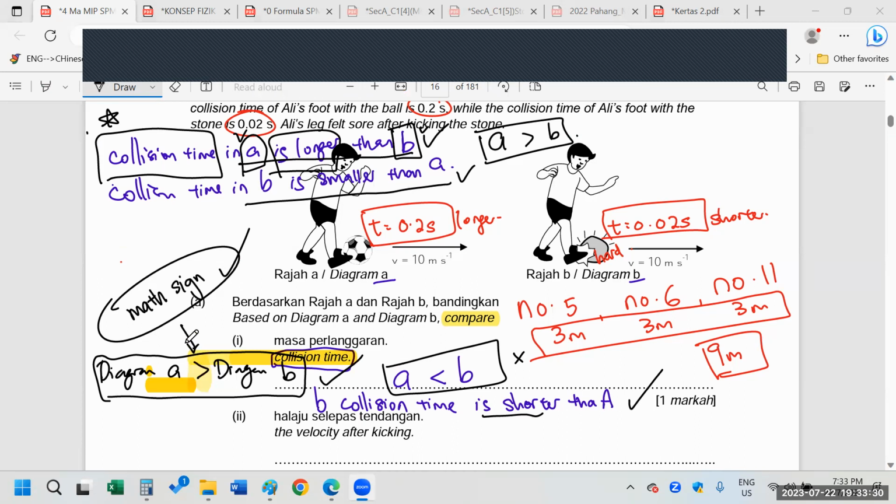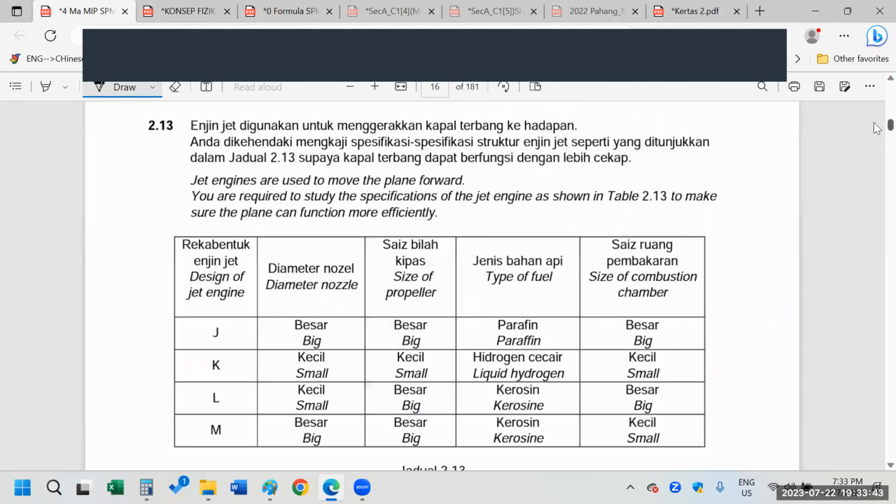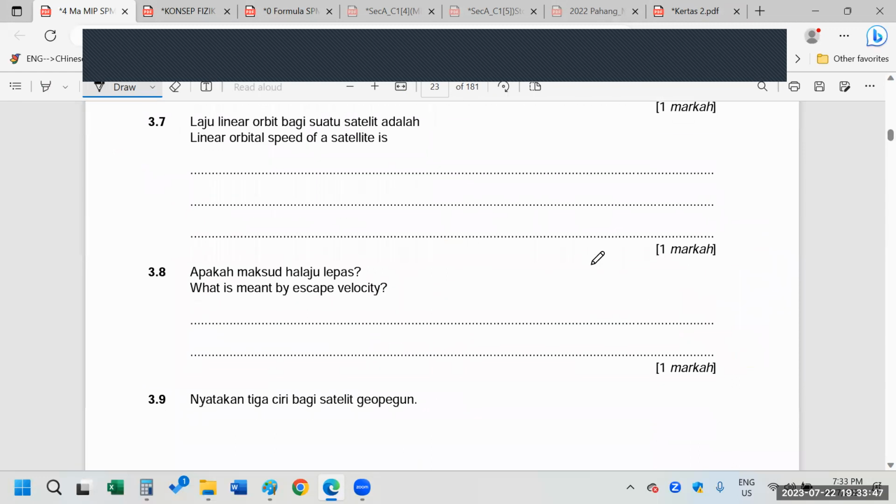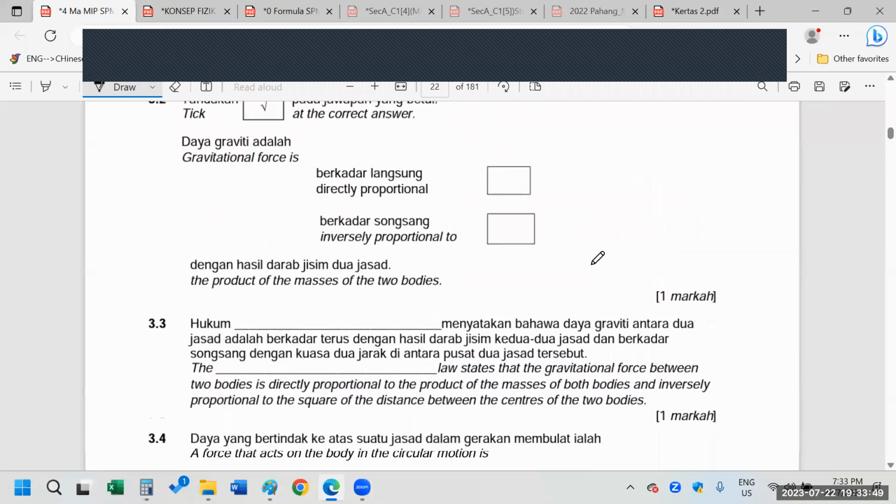This one you can use in number 5 and number 6, but cannot use in number 11. Why I say so? Let me check.